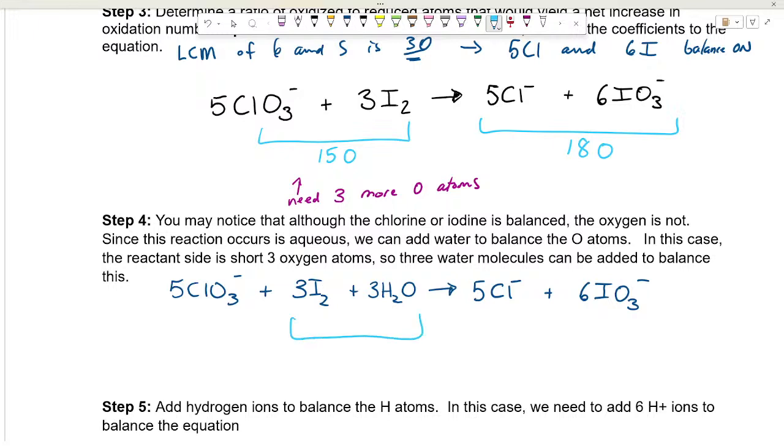Yeah. So how many hydrogens do we have over here altogether? 6 hydrogen ions. How many do we have over here? No hydrogen ions. So we need 6 more hydrogen atoms.